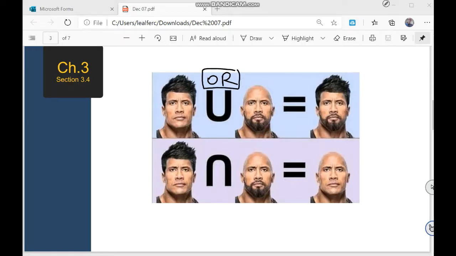If you have the face with hair intersection the face with beard, and the word is and, that means you're going to have only the face as a result. The face is the only thing in common. There's nothing in common between the hair and the beards, so the only thing in common is the face, and this is intersection. This is just a funny slide to help you remember the concept of union and intersection.